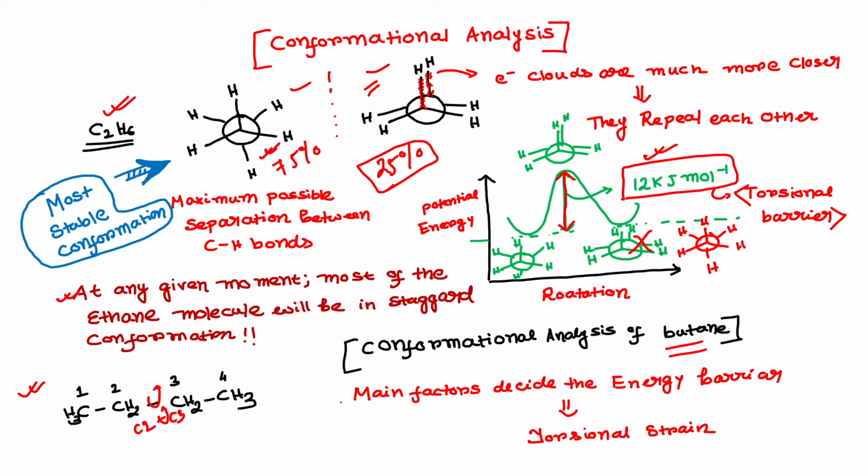The main factor which decides the energy of these conformers is the torsional strain. In the next slide, I will discuss what torsional strain is and how it affects the energies of different conformers.